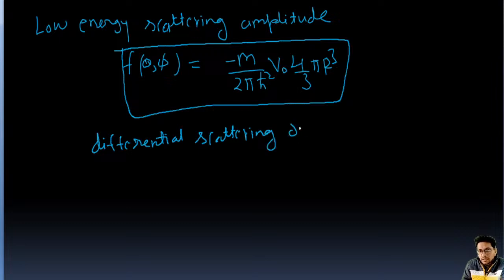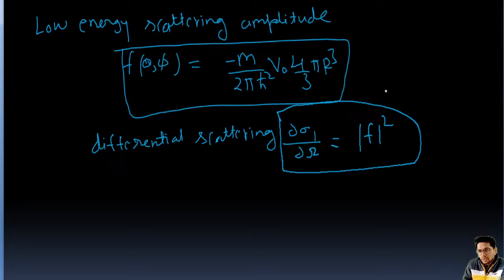We know that d sigma upon d omega is equal to mod f square, where f is the scattering amplitude. This is also important. These two formulas you need to note down, many questions you will be able to solve from these formulas. Now we can easily find this.